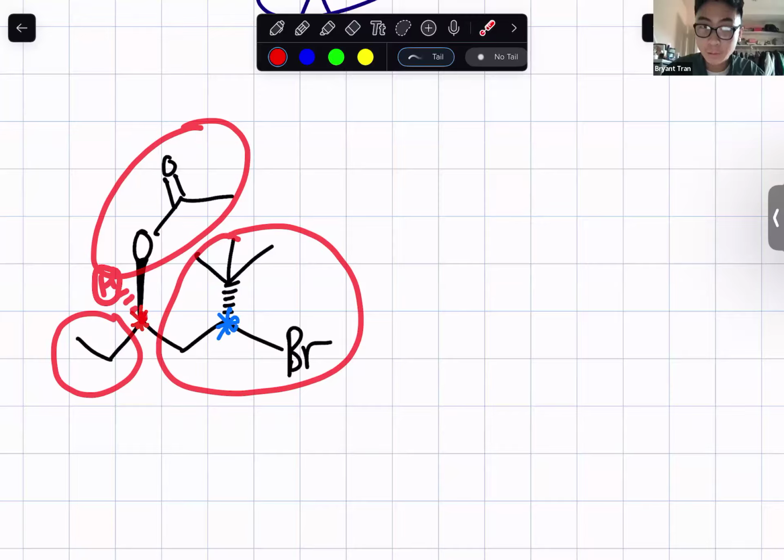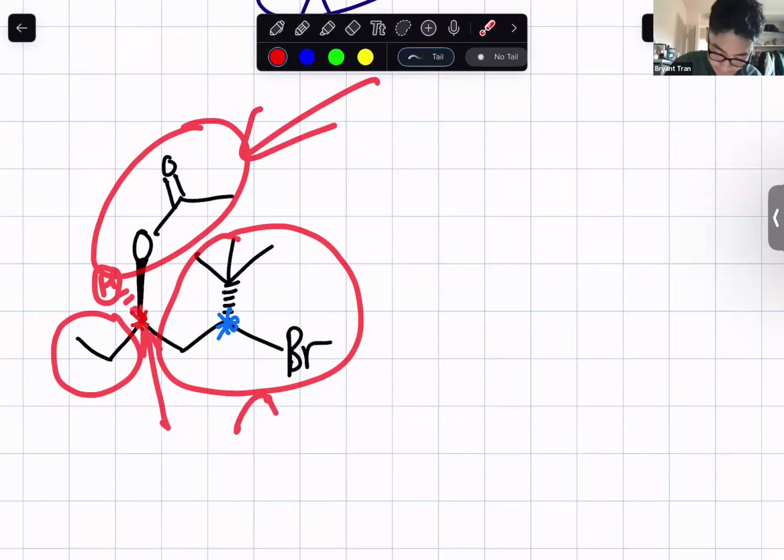A chiral center will always be a carbon with four different groups, four unique groups. And in this red chiral center here, we see four different groups: an ester, this group, and this group right here.